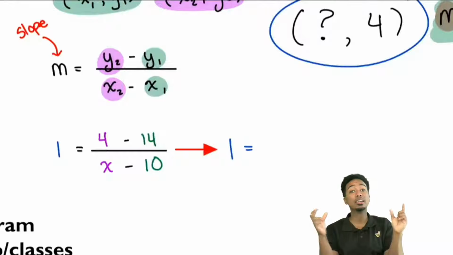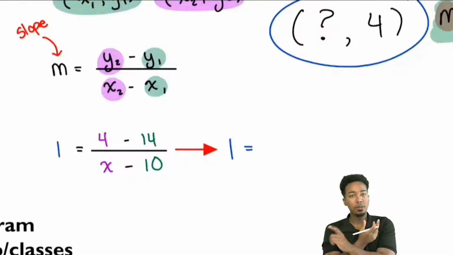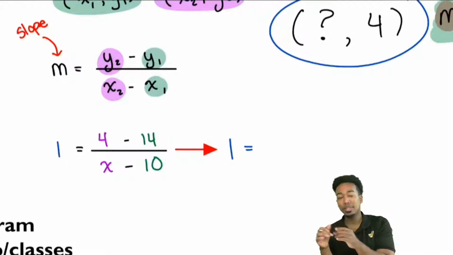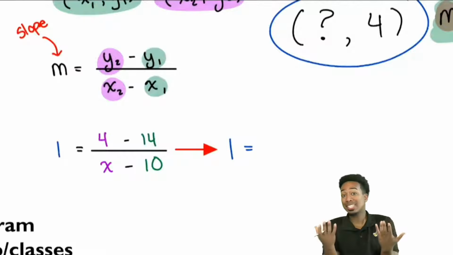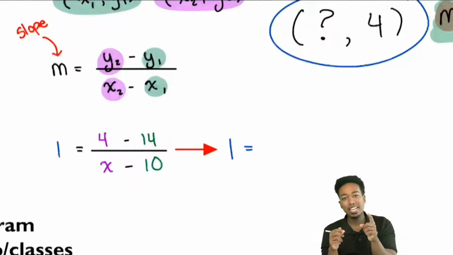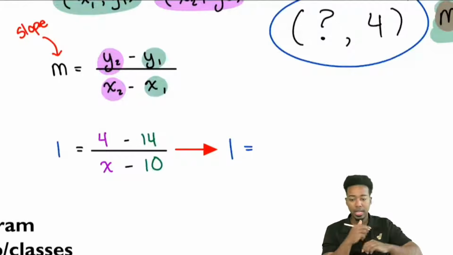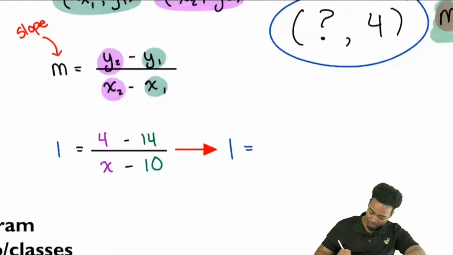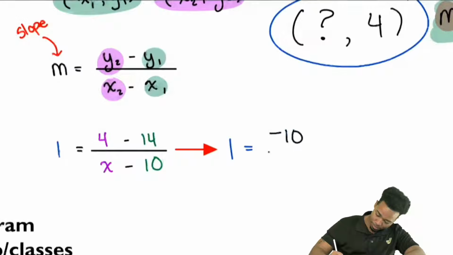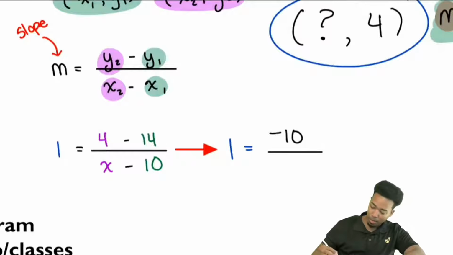That's the same thing as 14 minus 4, but it's in the negative direction because you're subtracting more than what you have. So 4 minus 14, that's a difference of 10, but it'll be negative 10 because you're subtracting more than you have. And so that'll be negative 10 up top. And on the bottom, we still have that x minus 10.